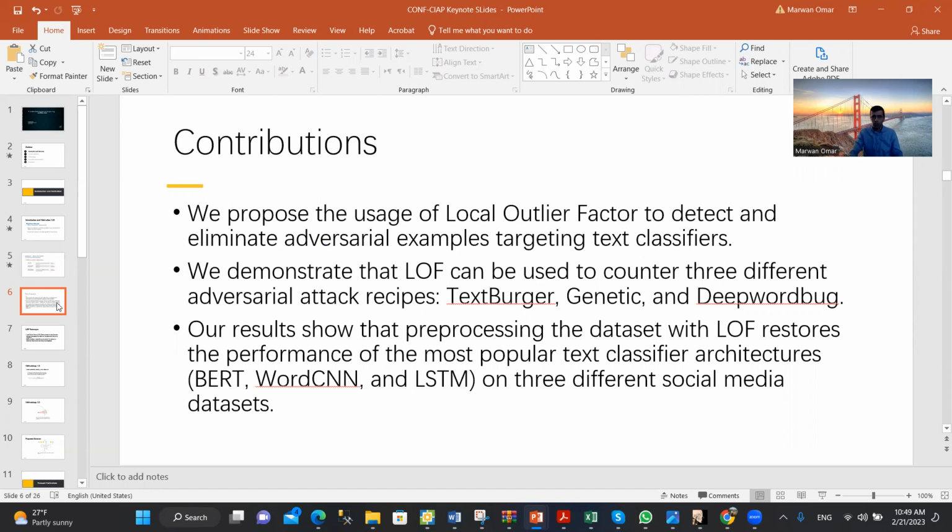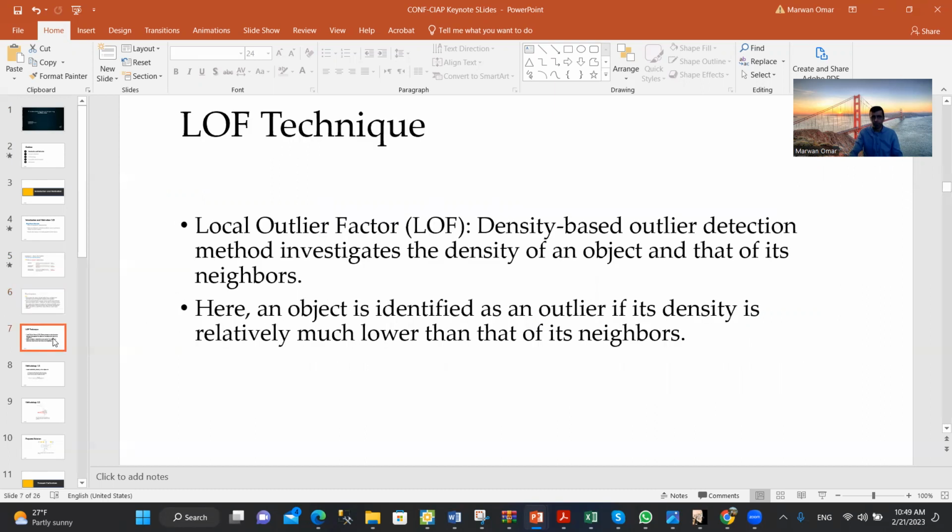Our results show that pre-processing the dataset with LOF restores the performance of most popular text classification architectures, such as BERT, WordCNN, and LSTM, on 3 different social media datasets.